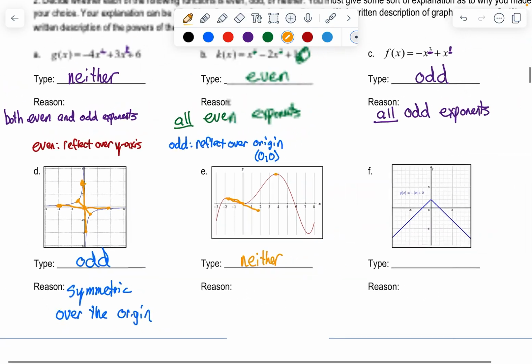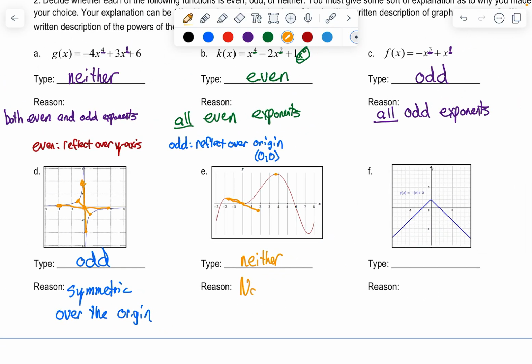And then I'm just going to say not symmetric over origin nor y-axis. And I hope that doesn't look too bad. Like I said, sorry, it's a little laggy right now.